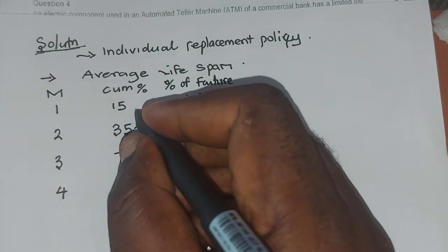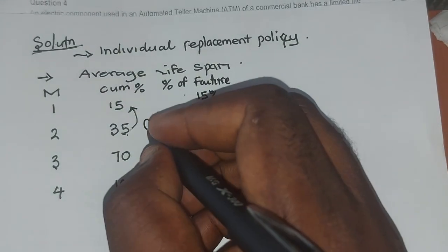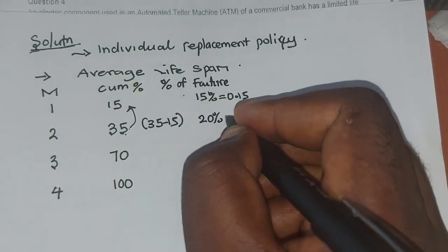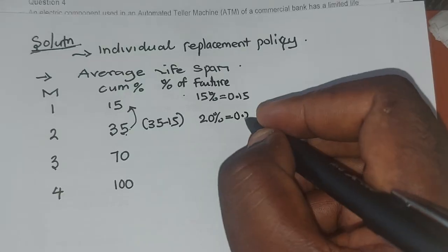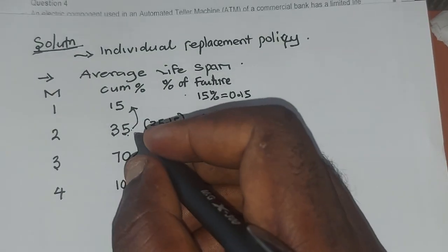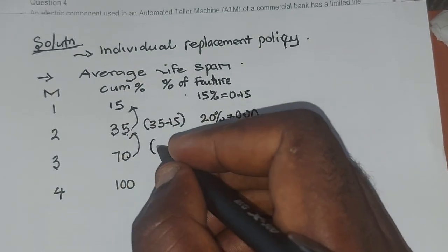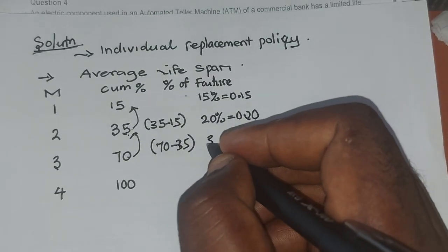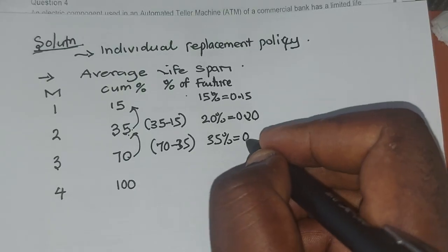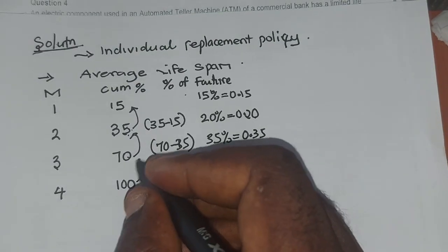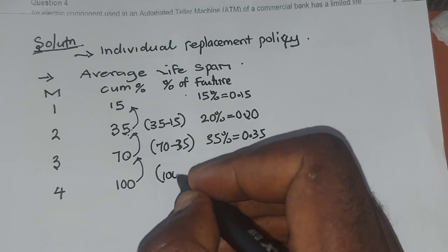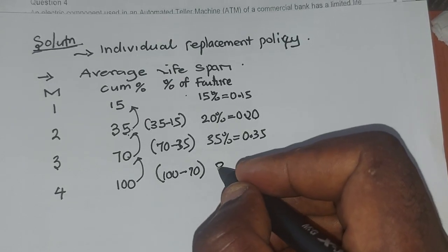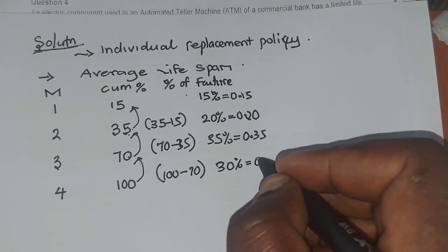For the next, you subtract 35 minus 15, and that is 20%, which is 0.20. Then 70 minus 35 gives 35%, which is 0.35. Then 100 minus 70 gives 30%, and that's 0.30.